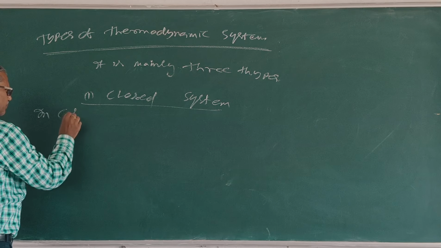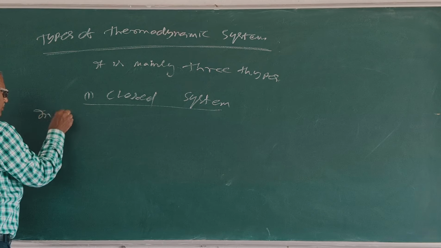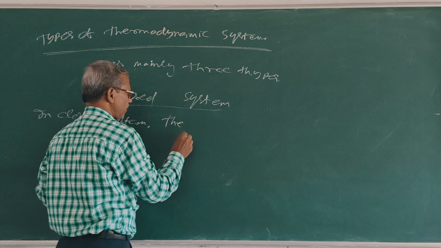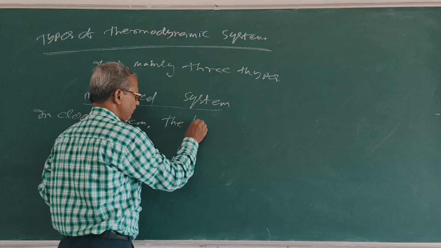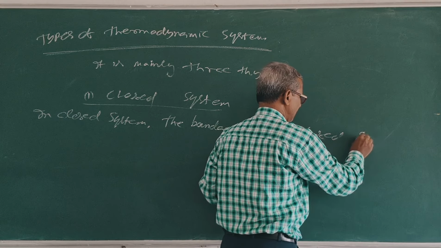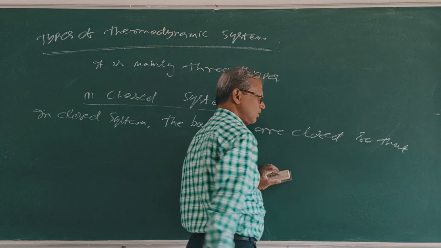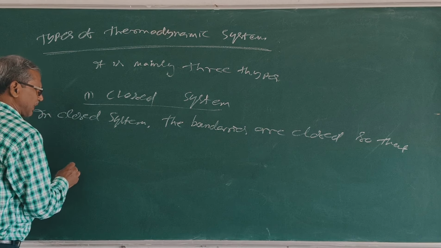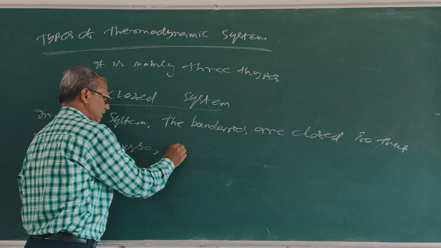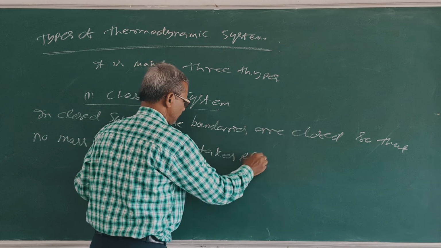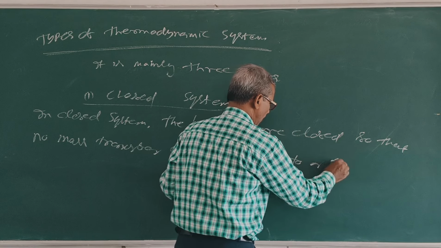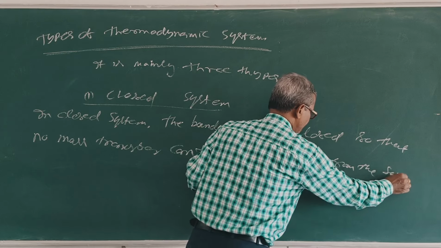In the closed system, the boundaries are closed, so that no mass transfer can take place to or from the system.